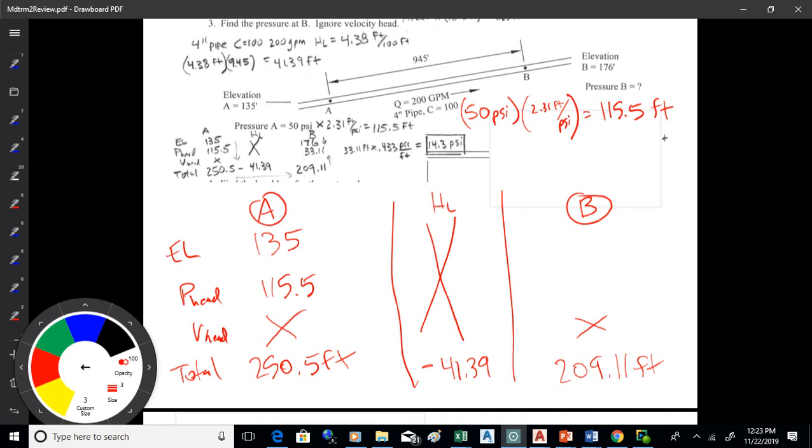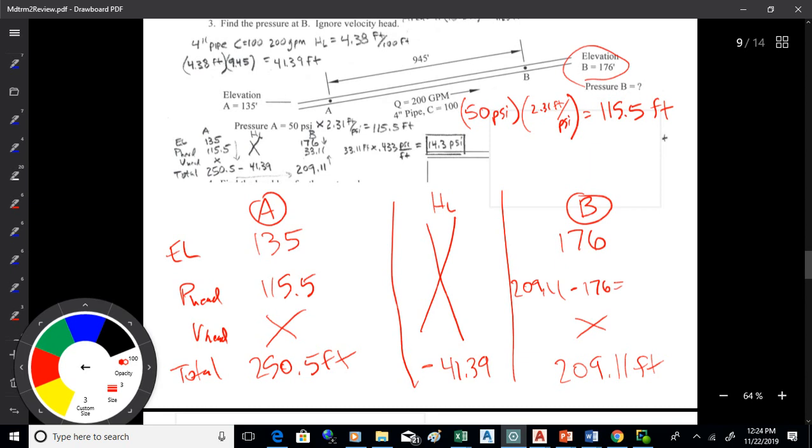Okay, so we good with that? At B we've got an elevation of 176. That's given. So we've got 209.11, take away 176, and what you end up with is 33.11 feet.